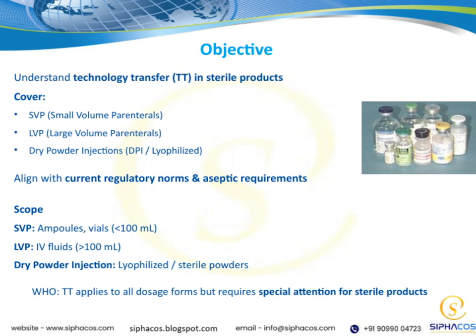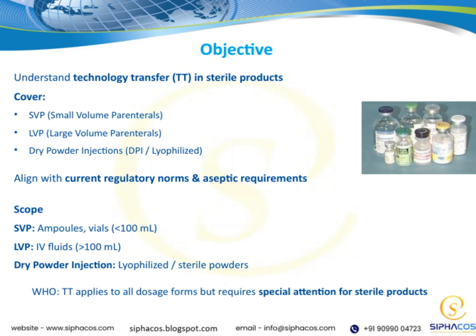It's important to remember that, according to the World Health Organization, TT isn't limited to just one dosage form. It applies broadly, but sterile products require especially careful attention to detail due to their complexity and the strict standards they must meet. In terms of scope, for SVPs, we're talking about small containers like ampules and vials under 100 ml.